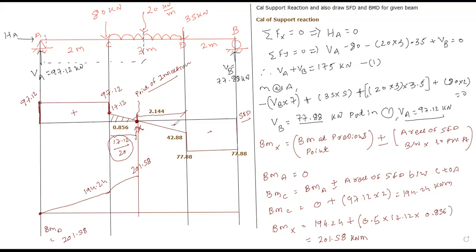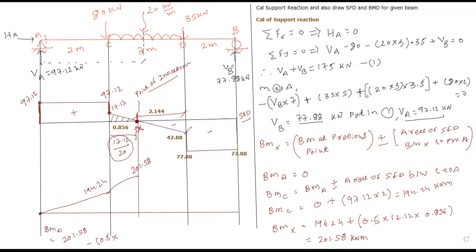What is the nature of the shear force diagram between X to D? Plus or minus? Minus. Okay, multiply by 0.5, multiply by 42 point.